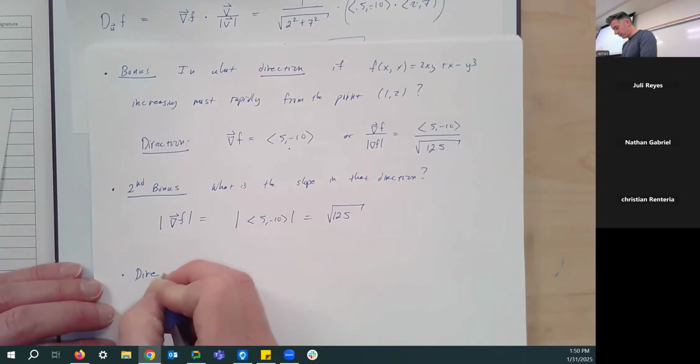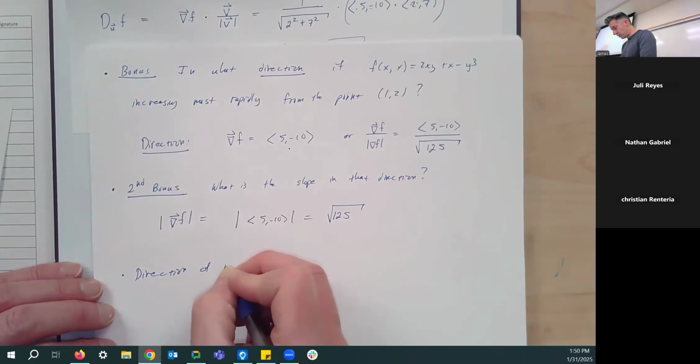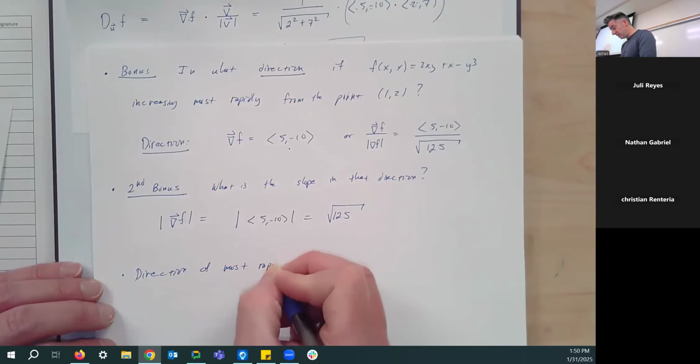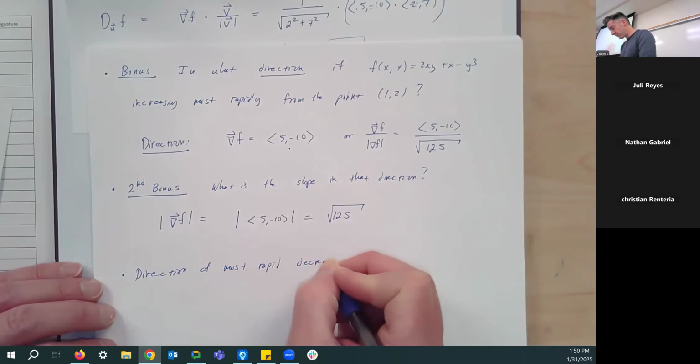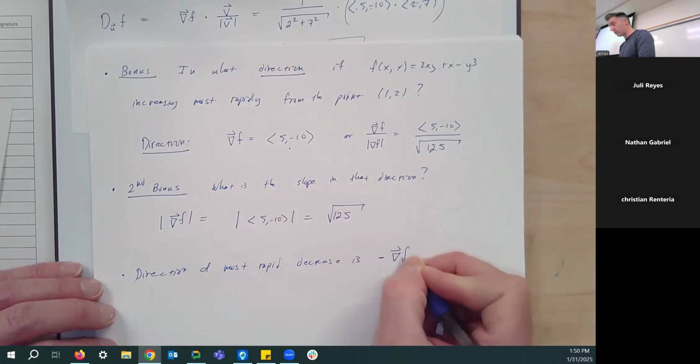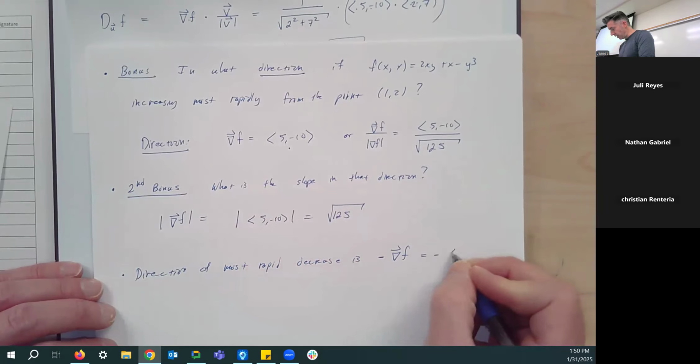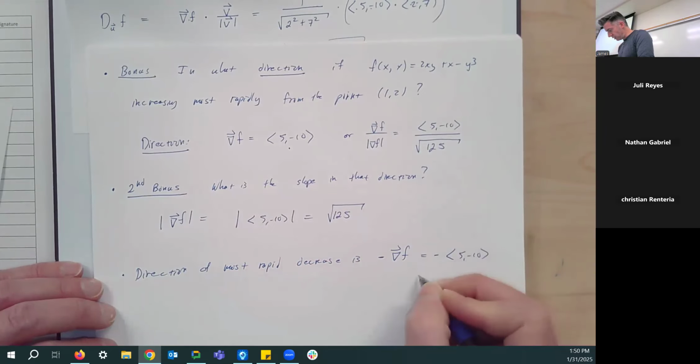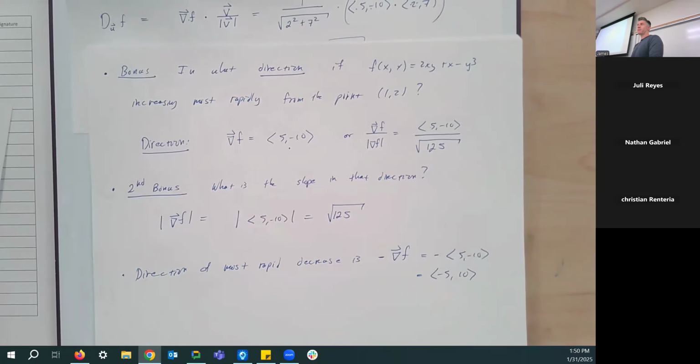The direction of most rapid decrease is going to be the negative of your gradient vector, which is going to be negative times 5, negative 10, which is the vector negative 5, comma, positive 10. I've seen this question phrased before as, what direction do we need to travel in so that we ski down the hill as fast as possible.